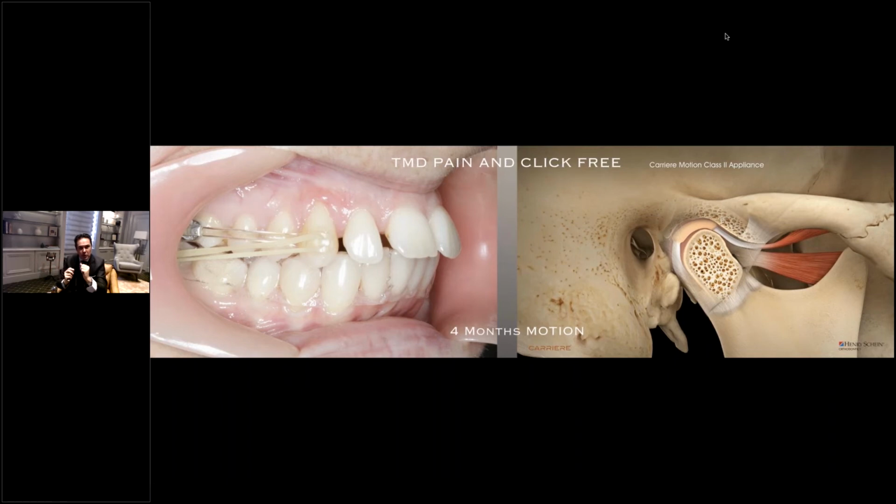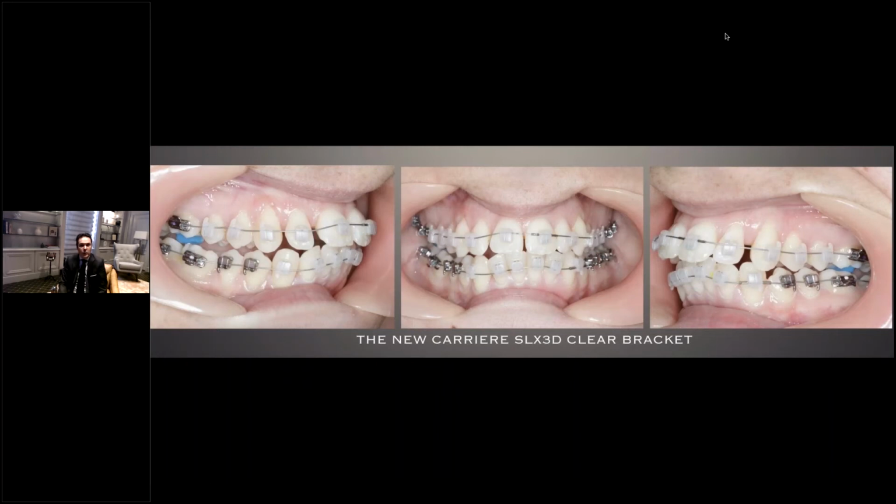Many patients that are having pain and clicking have previously been treated by orthodontics into class 1. This is something very important to brainstorm about, and something that we need to seriously brainstorm about as orthodontists, right?